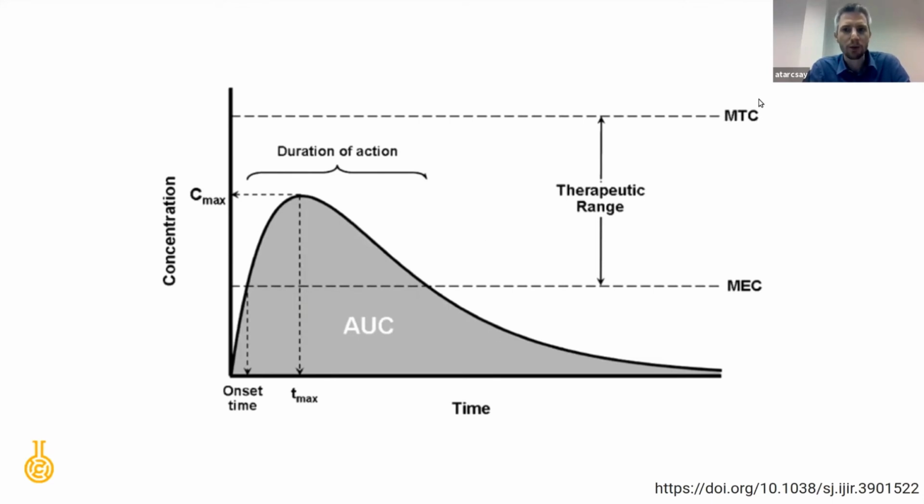And there is another concentration that is correlated with the safety part, the minimal tolerable concentration, where it will start interacting with various other proteins, membranes, biological systems that will have the adverse effects. So in between these two, there is this therapeutic range or therapeutic window that we should optimize to be as high as possible.